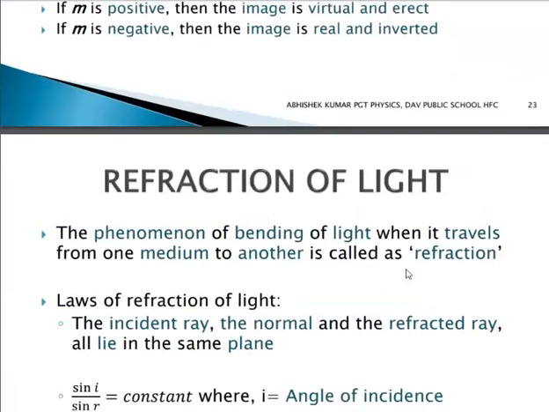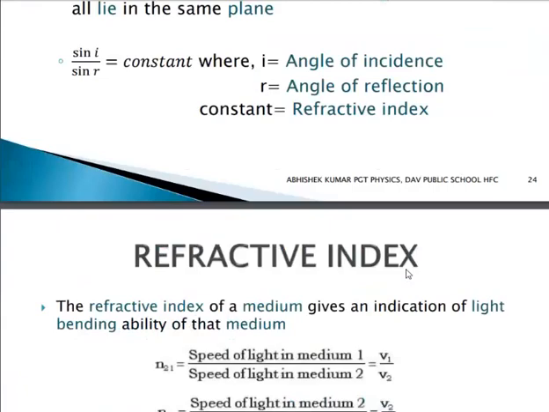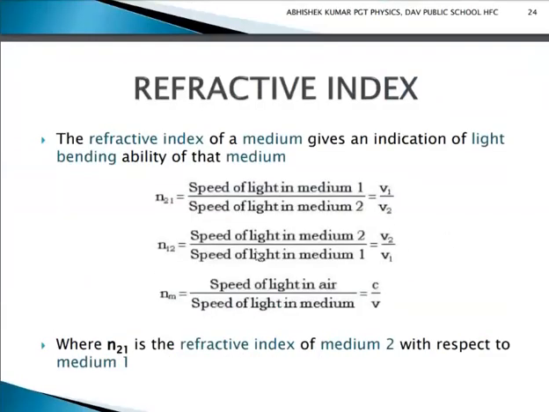Here I will show you the diagram. And refractive index is relative. If light passes from the first medium to the second medium, then the refractive index of the second medium with respect to the first medium is expressed as the ratio of the speed of light in the first medium to the speed of light in the second. This is called the refractive index of the second medium with respect to the first medium.